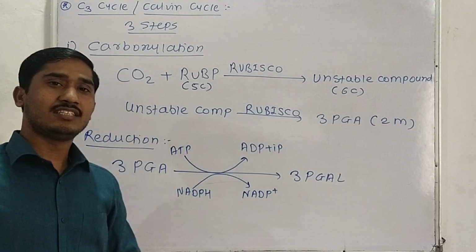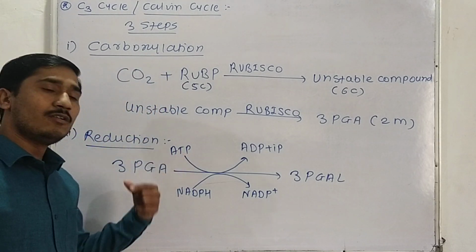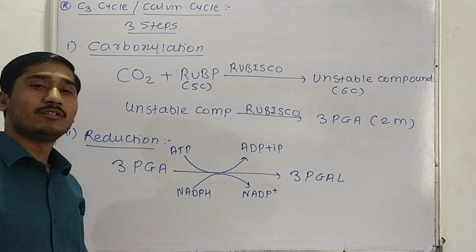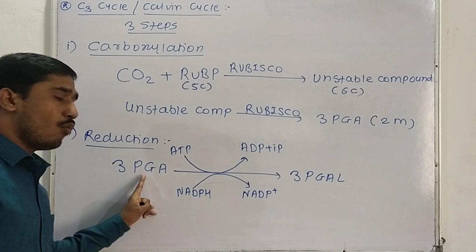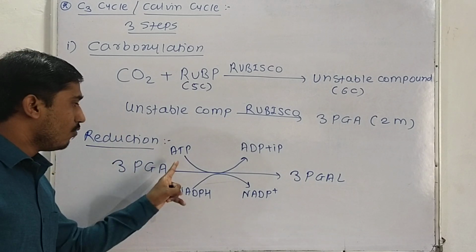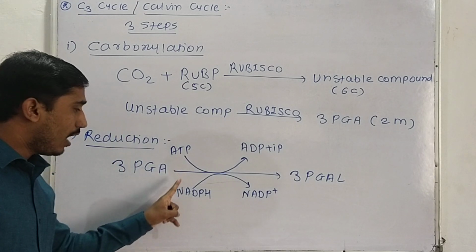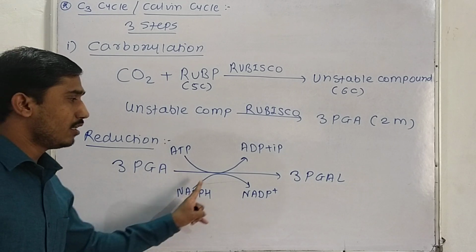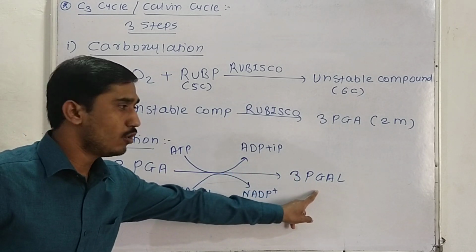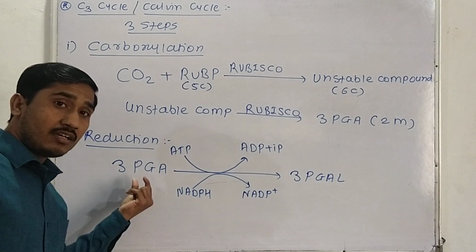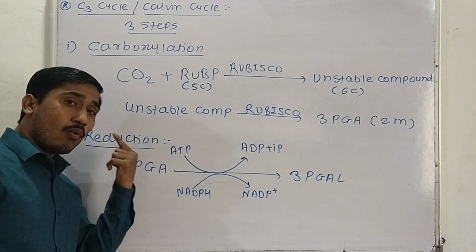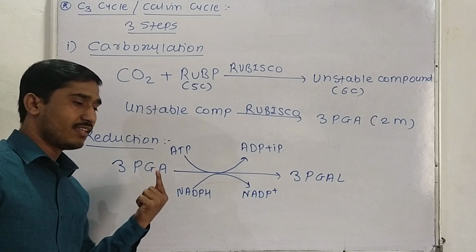Here the question is how many molecules of ATP and how many molecules of NADPH are used. One PGA molecule will use one ATP and one NADPH to reduce into one molecule of PGAL. I am telling you about one molecule of PGA.